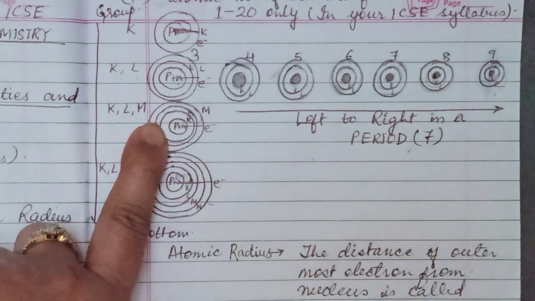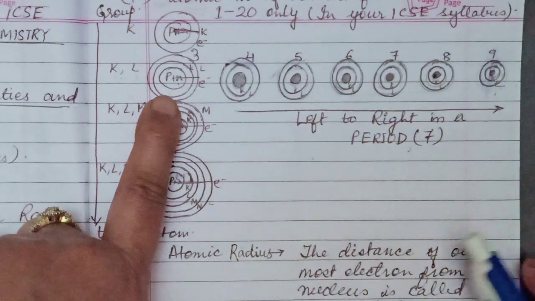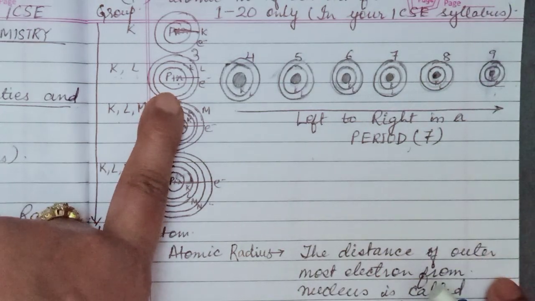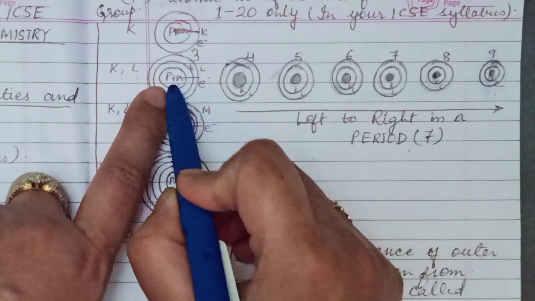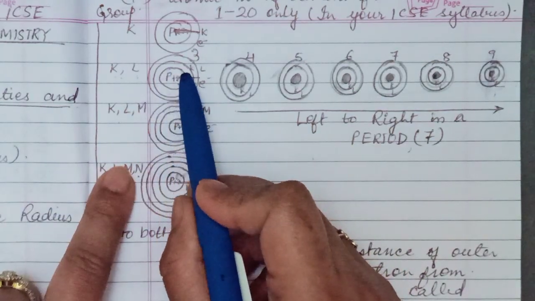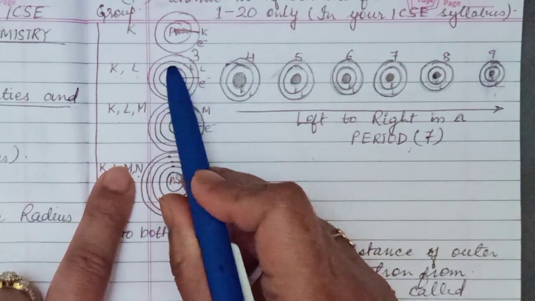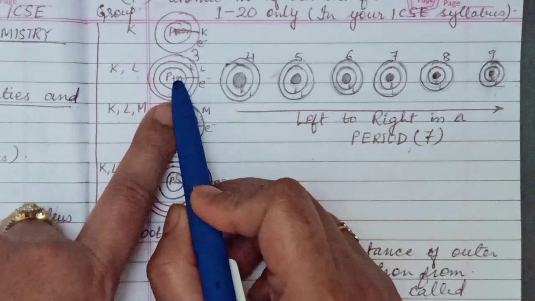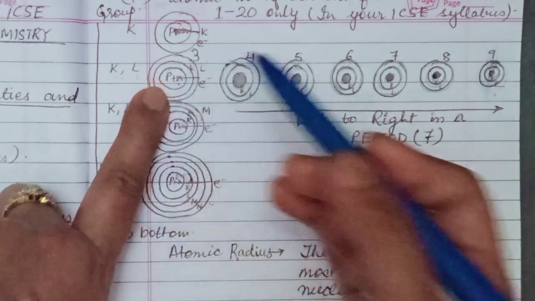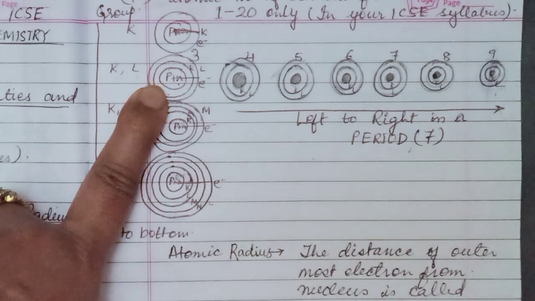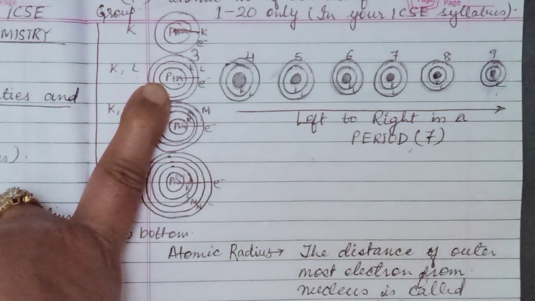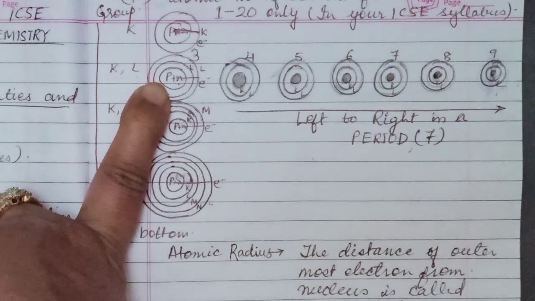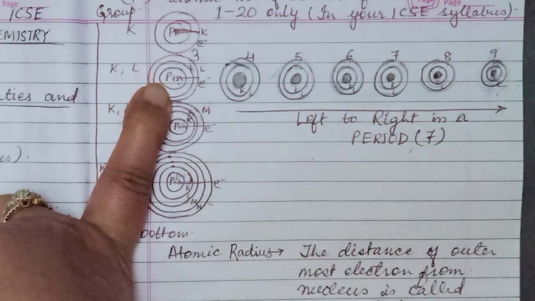The nuclear charge is the energy of an atom which is present in the nucleus, that means proton plus neutron. So the energy present in the nucleus of an atom is called nuclear charge or nuclear pull. In some books you can see it is written as nuclear pull.